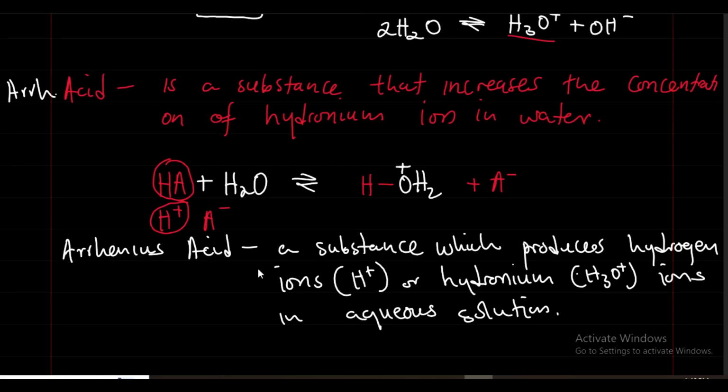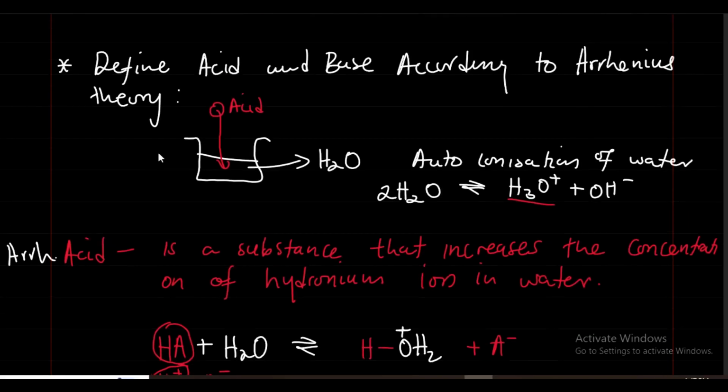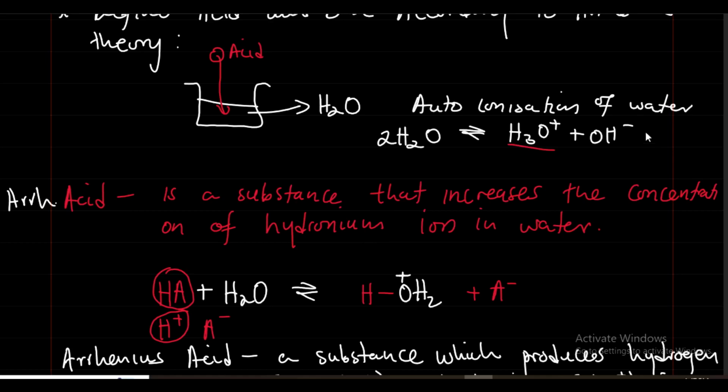Now here, as I've explained, in water we already have autoionization, meaning that although there's the water, there's also a concentration of hydronium ion and a concentration of what? Of hydroxide ion. So when an acid is dissolved in water, it will increase the concentration of the hydronium ion. How does it increase the concentration of hydronium ion?